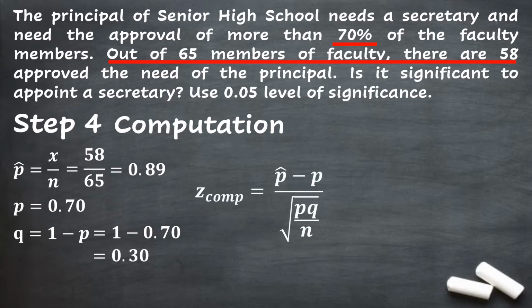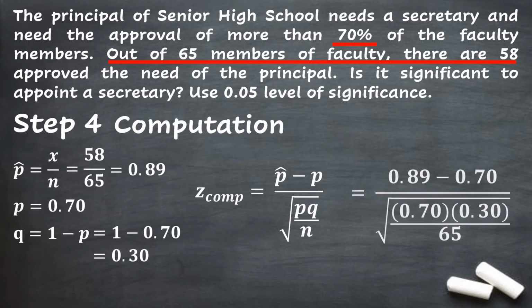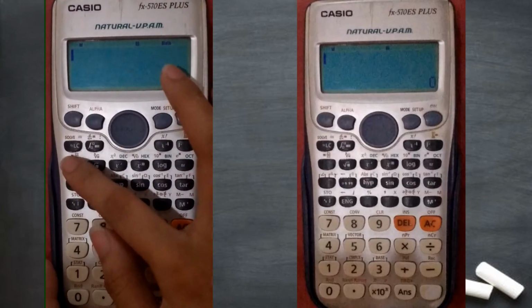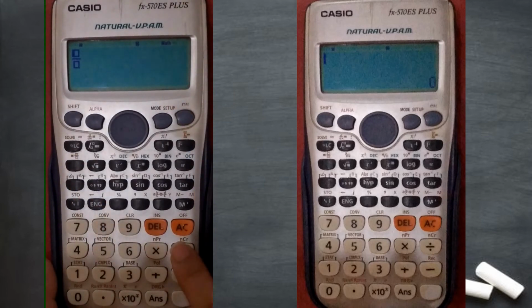Now that the values are complete, we can now substitute in the given formula for z-test of proportion. Substituting, we will have 0.89 minus 0.70 all over the square root of 0.70 multiplied by 0.30 all over 65. The calculator on the left side shows you how you are going to input the values if your calculator is a 4-liner calculator.